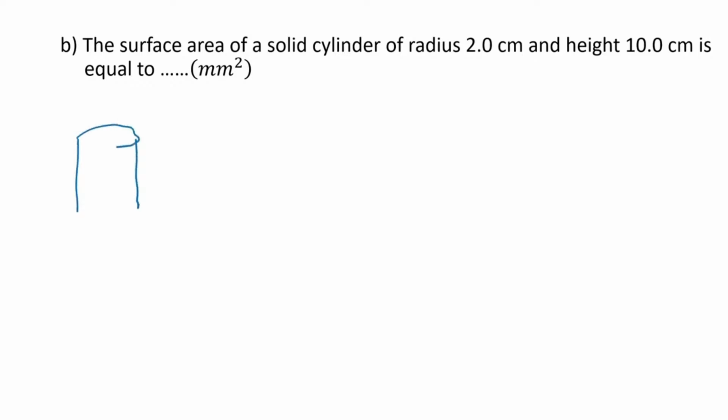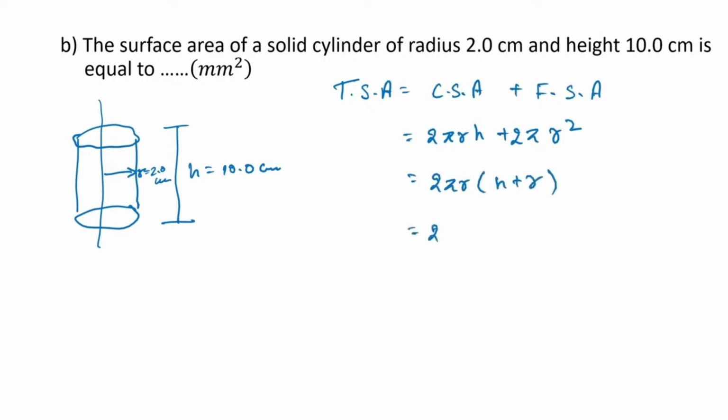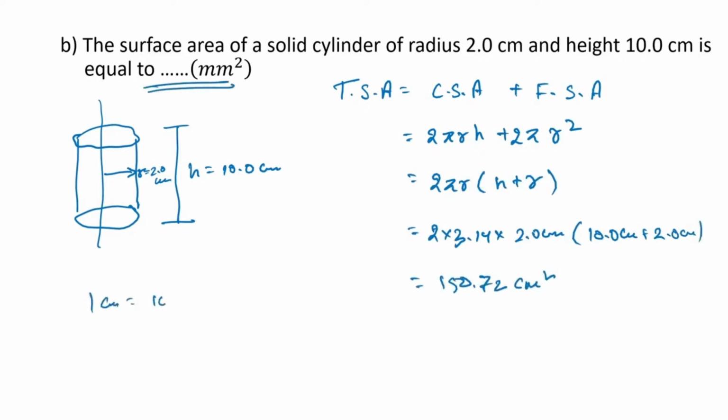So here in the question it is given that this is a cylinder of height 10 cm and radius equal to 2 cm. So total surface area would be equal to curved surface area plus flat surface area. Curved surface area would be equal to 2 pi r h and flat surface area would be equal to 2 pi r square. Substituting the values, we will get 150.72 centimeter square.